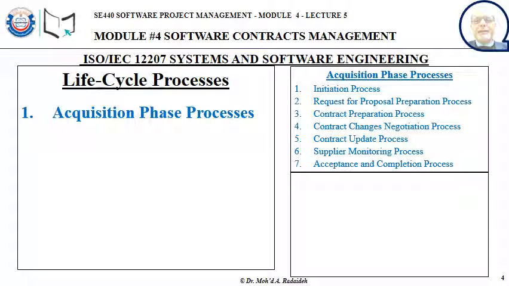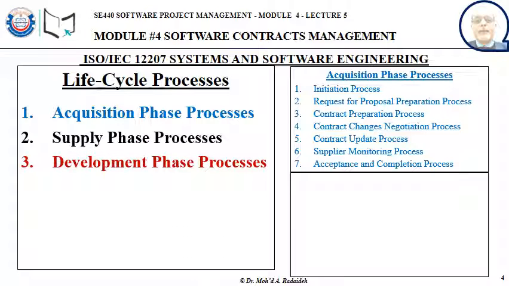As we can see here, the acquisition phase of this standard is a mixture of the initiation phase and the planning phases of the project management approach. So the first 2 phases in the project management approach are involved here within the acquisition phase. Second, the supplier process. We'll get into the details.